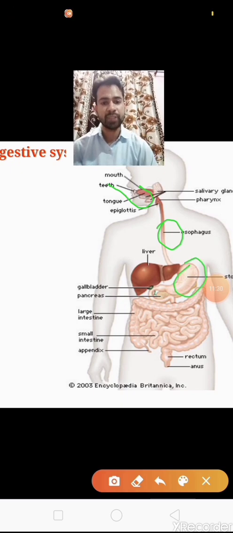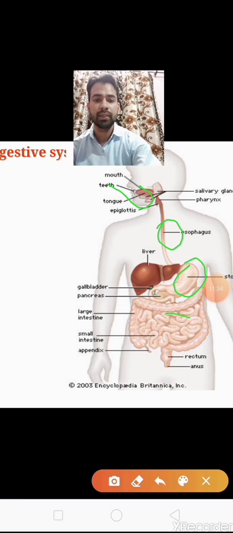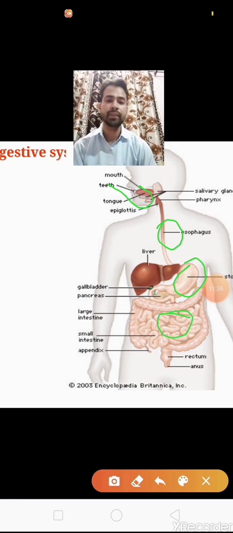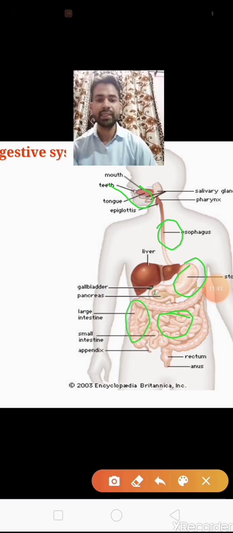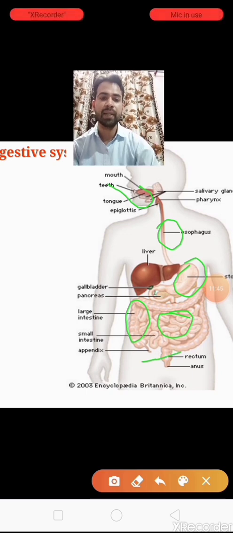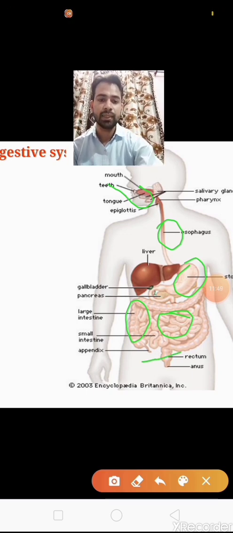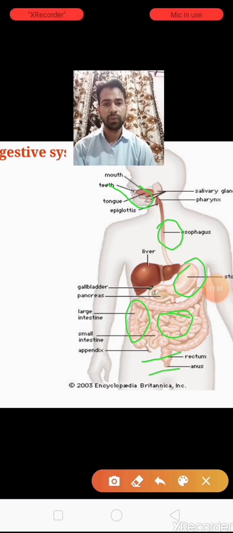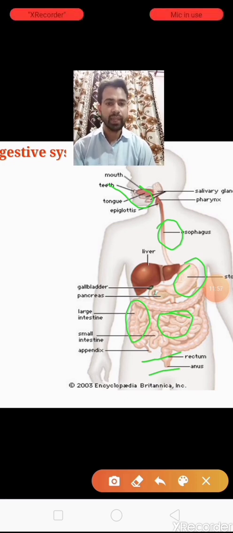This is the stomach. Then the small intestine, the large intestine, this part is the rectum, and in the last the anus. Okay, these are the main parts of the alimentary canal.